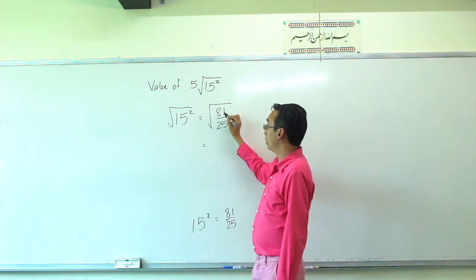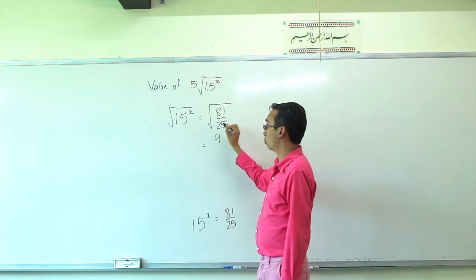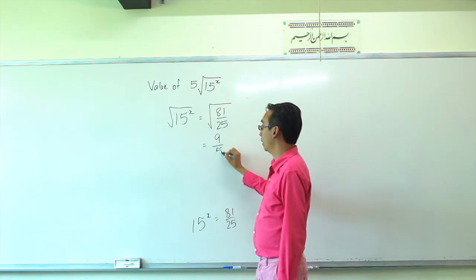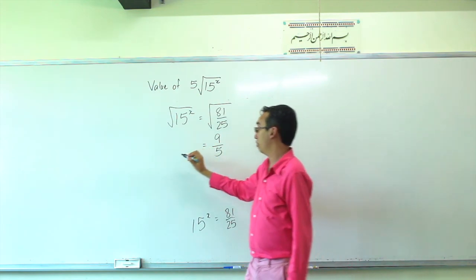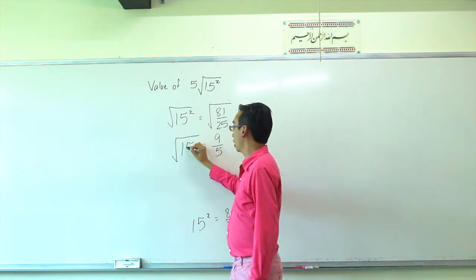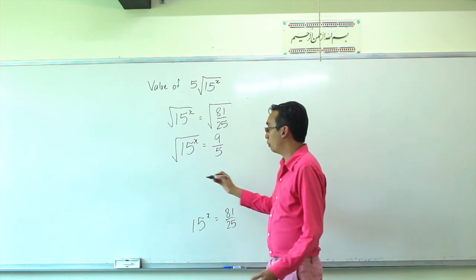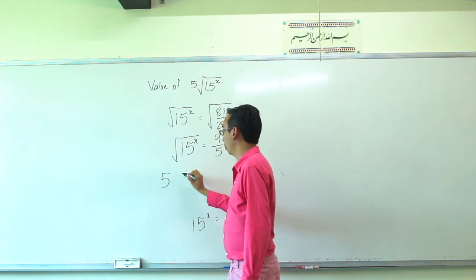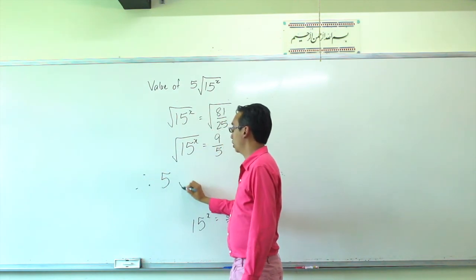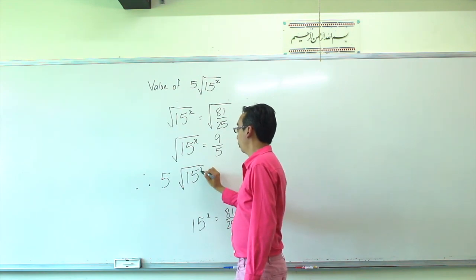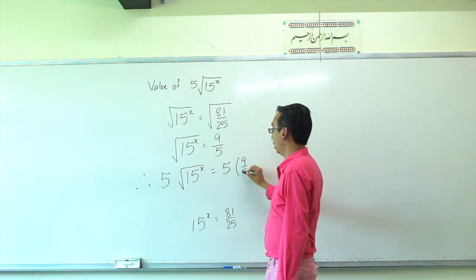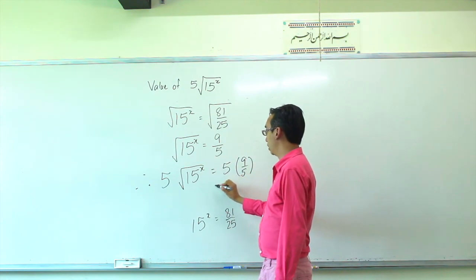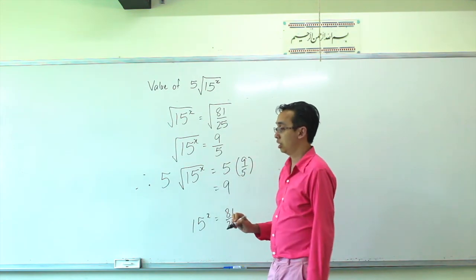So square root 81 is 9, square root 25 is 5. So root of 15 to the power of x is actually 9 over 5. But if they want 5 times root 15 to the power of x, that is 5 times 9 over 5, which means the answer is 9.